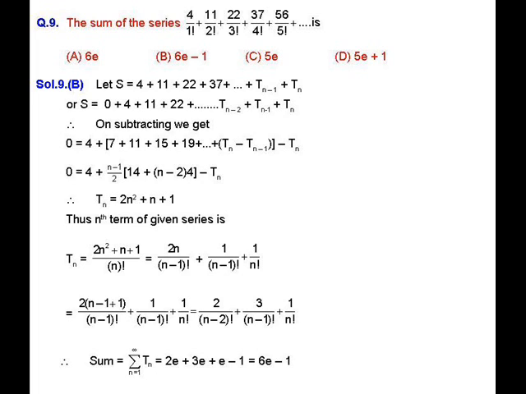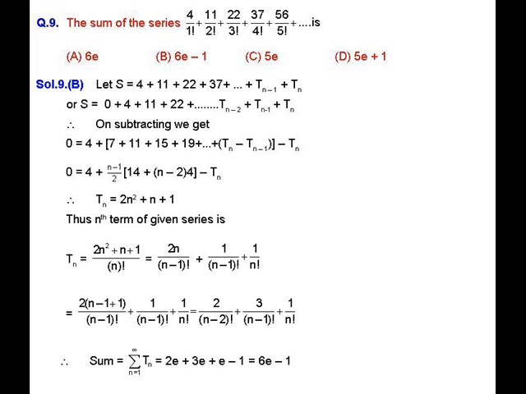Now we will subtract these two. On the subtraction we have the left hand side equal to 0 and the right hand side equal to 4 plus 7 plus 11 plus 15 plus 19 till Tn minus 1, and then minus Tn. Here the middle part is the sum of n terms of an arithmetic series.